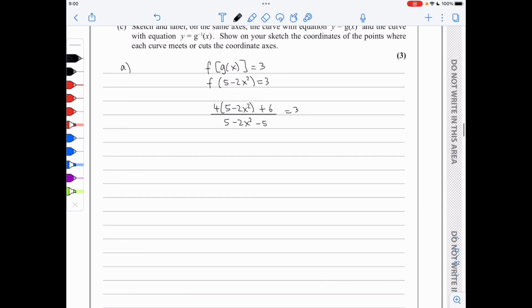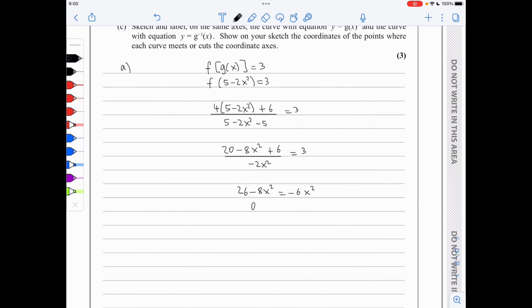We could expand the numerator, and we'll get (20 minus 8x squared plus 6) over (minus 2x squared) is equal to 3. So I could now cross multiply to get 26 minus 8x squared is minus 6x squared.